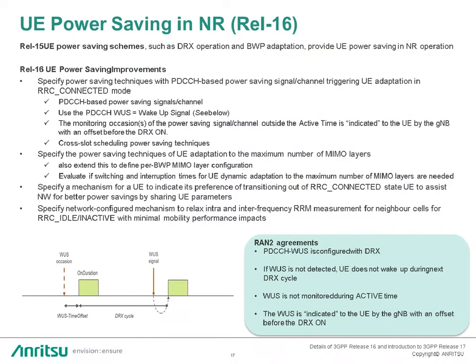So it's possible to send a wake up signal using PDCCH. And the monitoring occasions of the power saving signal outside the active time are indicated to the UE by the gNodeB with an offset before the DRX is on. Also, cross slot scheduling power saving techniques have been introduced.